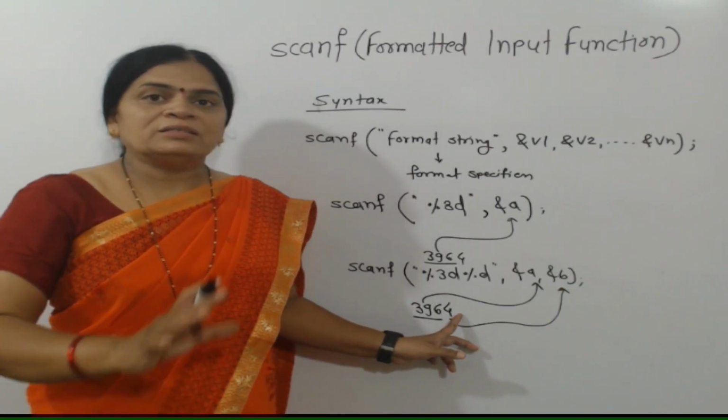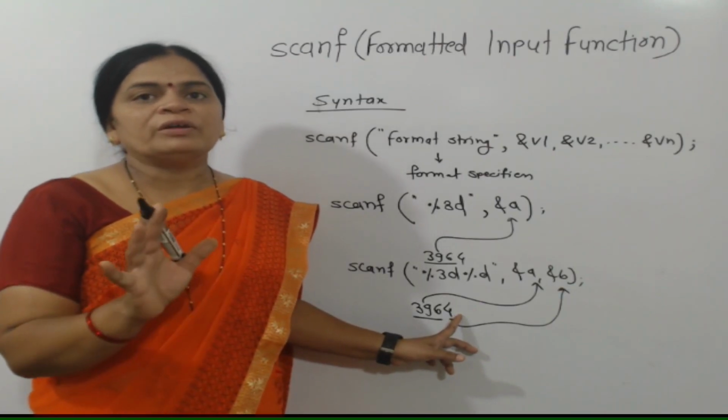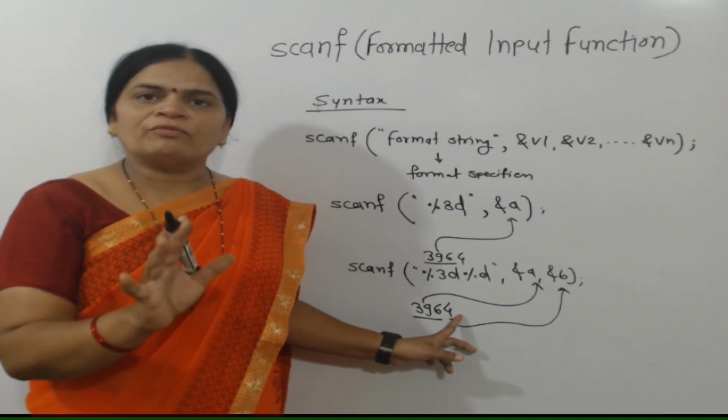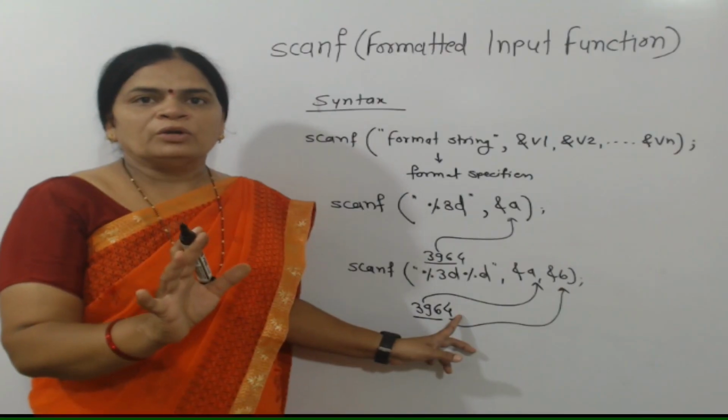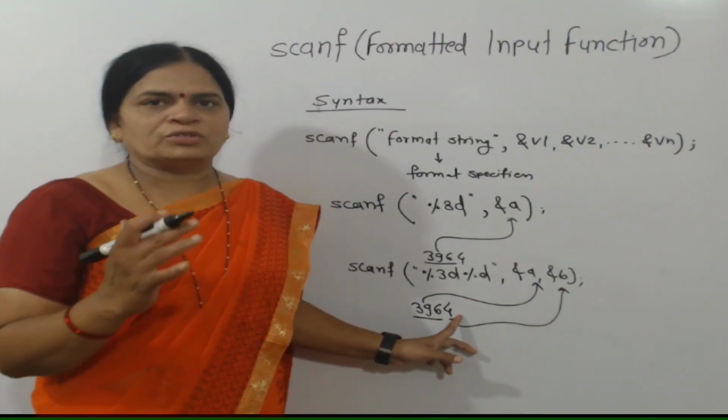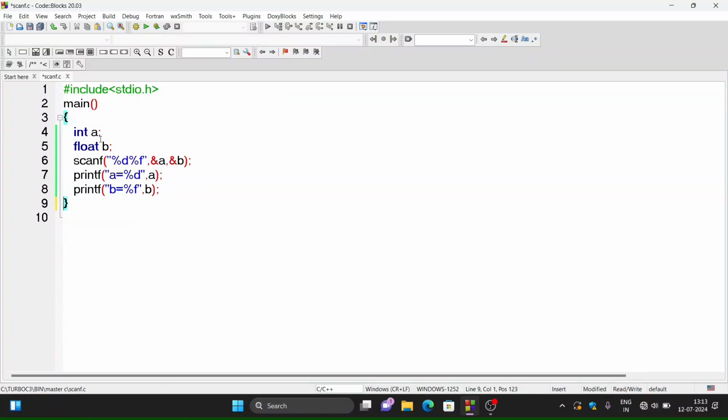So to better understand this scanf function, we will have one simple program to illustrate it. So consider this program where an integer variable A is used and a float variable B is used. In this program we simply input the values of A and B and we print the values of those variables.